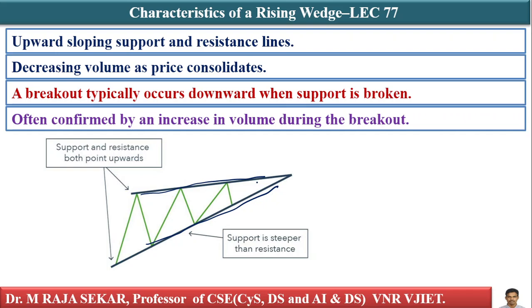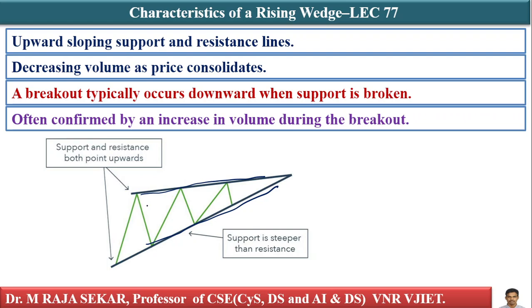This indicates the buyers are losing control and a breakout downward is likely. Volume tends to decrease as the pattern develops, signaling a lack of strong buying interest. A spike in volume often confirms the breakdown when the price moves below the lower trend line.